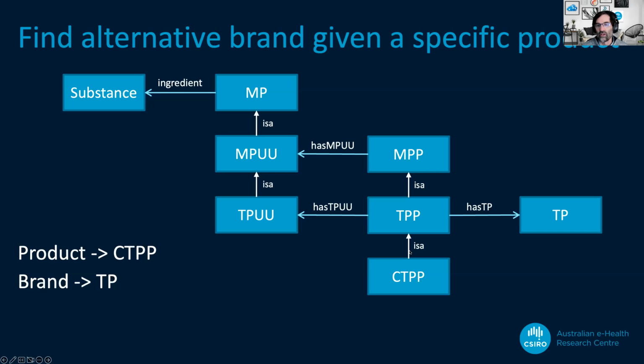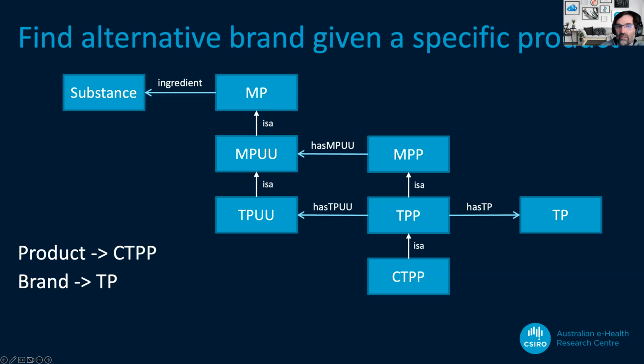And so to do this, you have to navigate through the ISO hierarchy of AMT and across various relationships to find the alternate brands, or the trade products here, that contain the same set of ingredients.